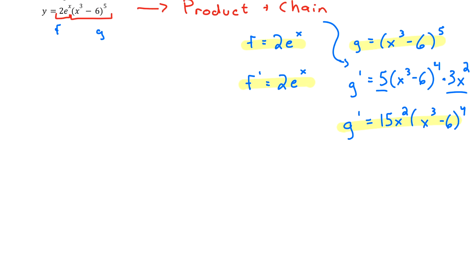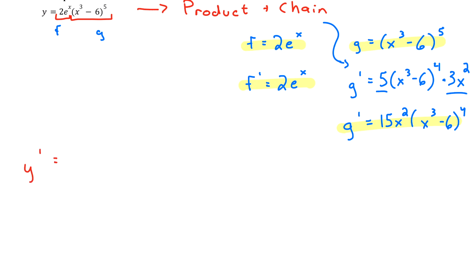Now, our product rule, we said when we're taking the derivative, we're going to have f prime times g plus f times g prime. And what's nice about slowing this process down is I already know exactly what f is, what f prime is, what g is, and what g prime is. I've got everything all laid out over there in blue.